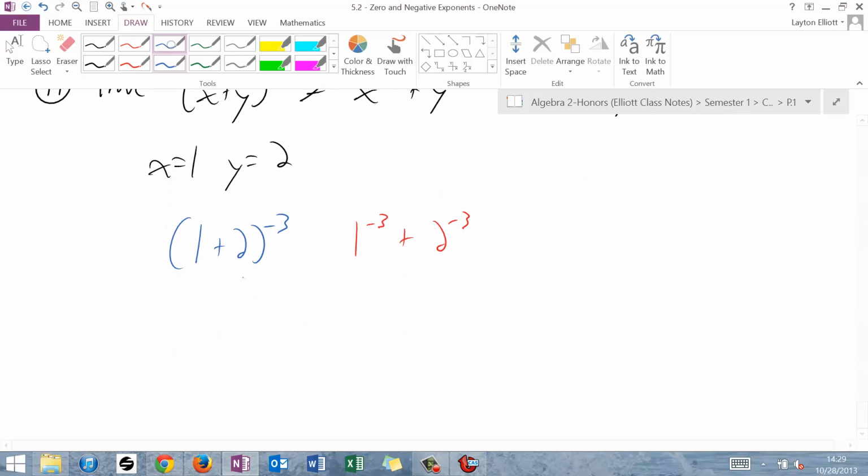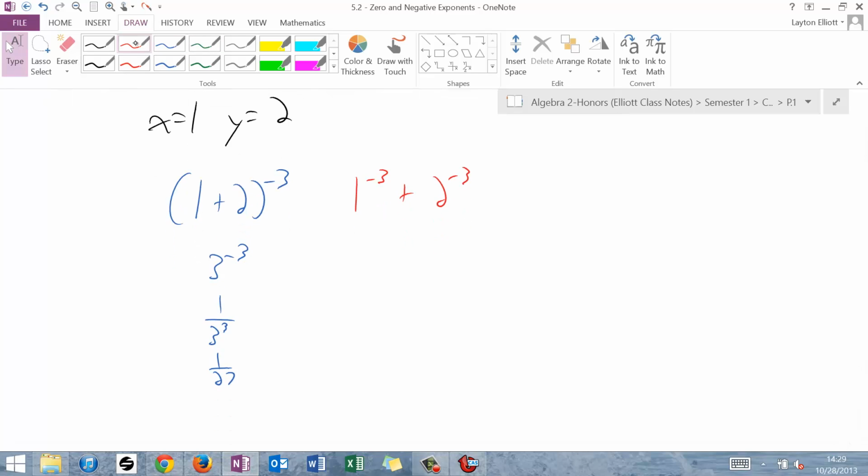And let's go back to the left. That's 3 to the negative 3rd, 1 over 3 cubed, or 1/27. And on the right side, that is 1 over 1 cubed plus 1 over 2 cubed, or 1 plus 1/8, or 9/8. And clearly you can see that those are not equal.